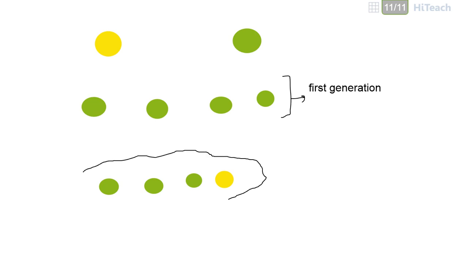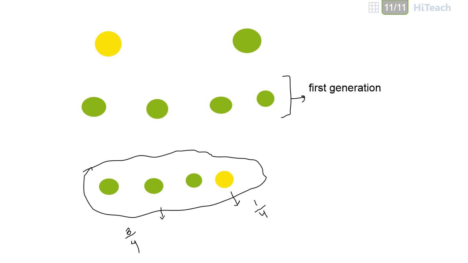Look at the colors produced: 3/4, 3 out of 4, are green, and he found a fourth are yellow. What did he understand from this? What did he conclude from this?